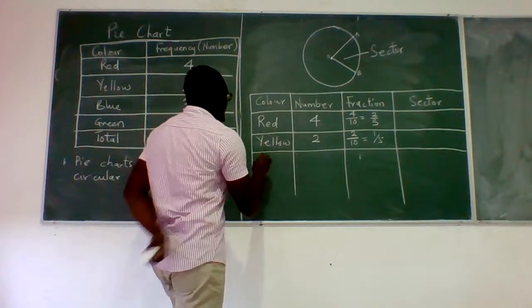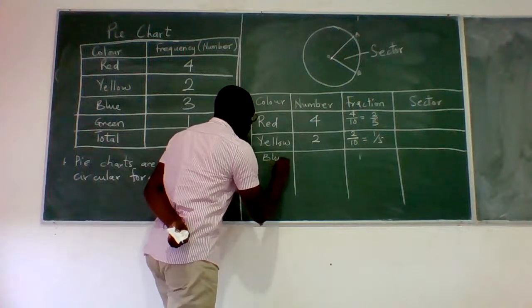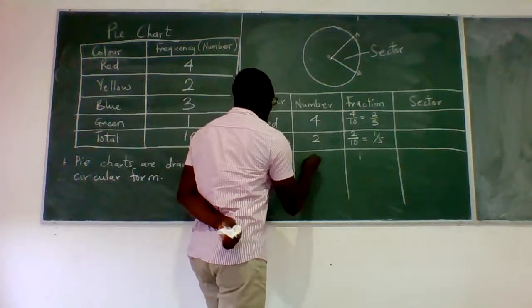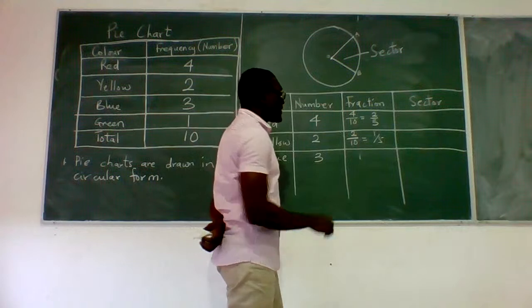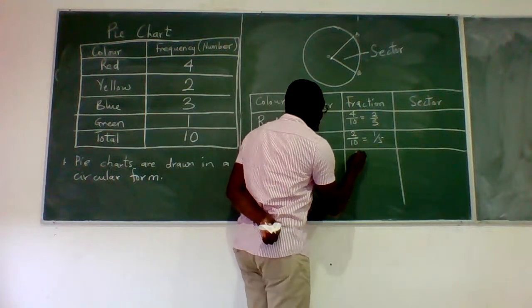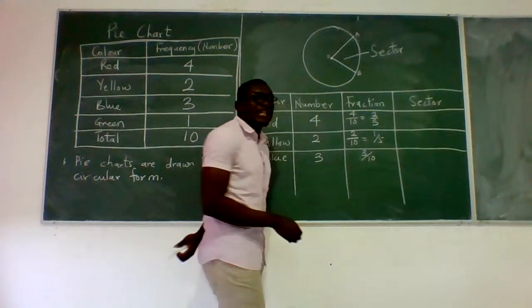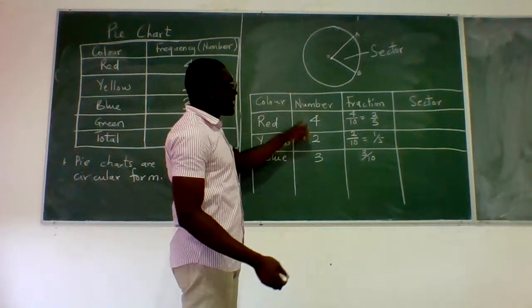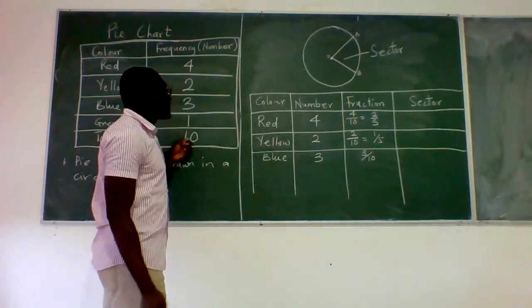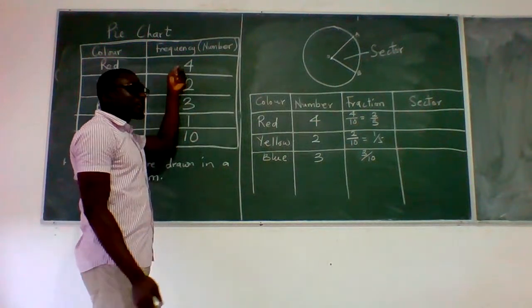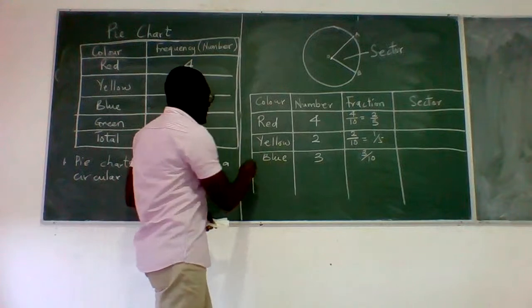The next color to deal with is the yellow, and they are 3. So this is going to be 3 over 10, because you always pick the number and you divide by the total. The number over the total, number over total every time.